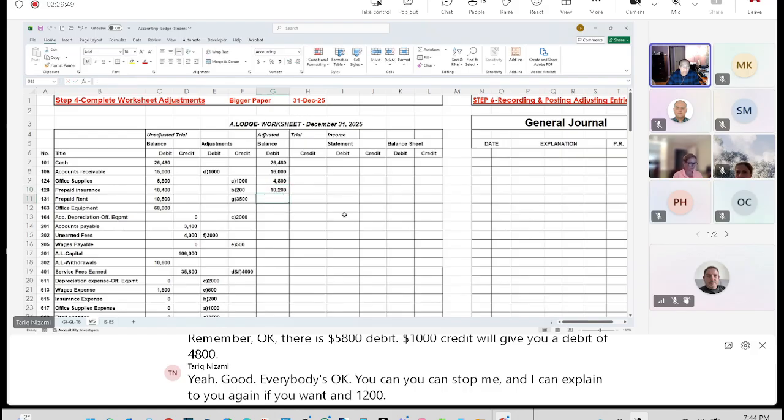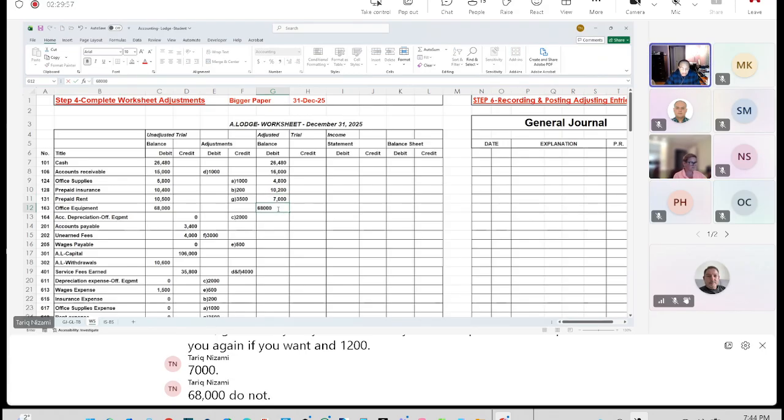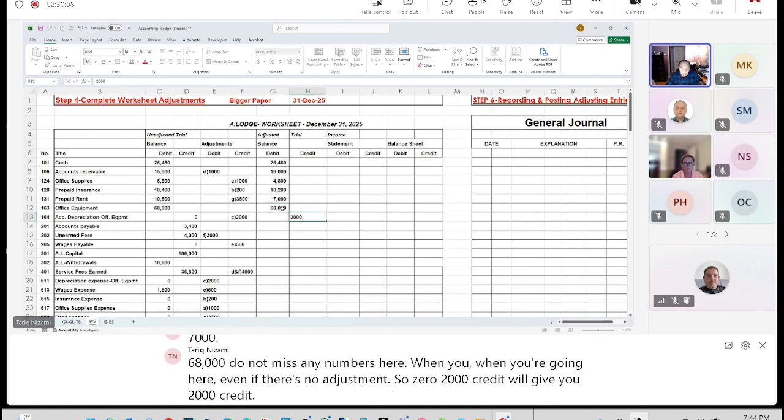10,200, 7,000, 68,000. Do not miss any numbers here when you're going through, even if there's no adjustment. So 2,000 credit will give you 2,000 credit. And we learn this as we go.